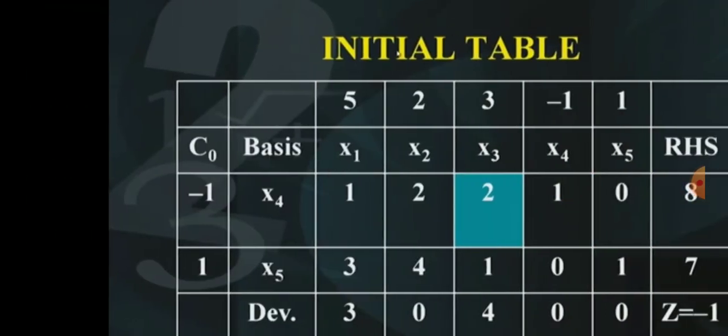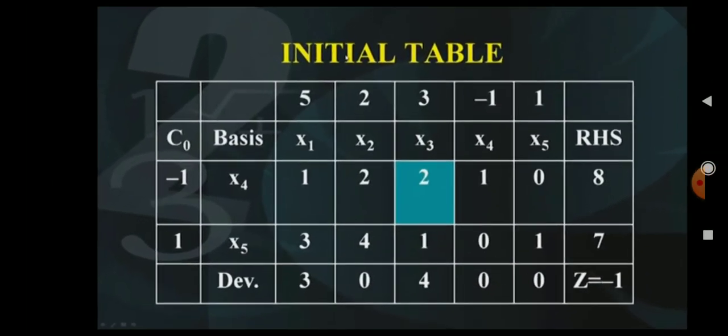Now we have calculated the table, and we have found that z equal to -1, and it is a basic feasible solution with the objective function value as -1.